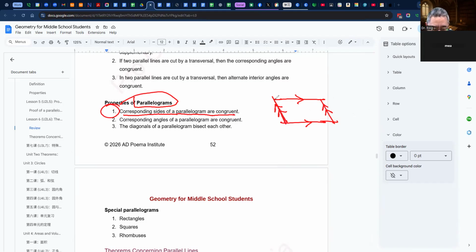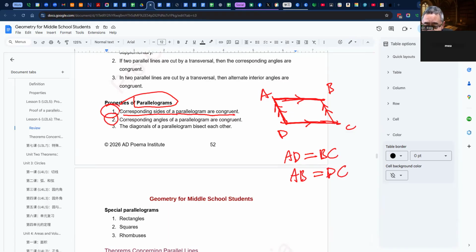Let's call this A, B, C, D. Then AD is equal to BC, and also the top, AB, is equal to DC.